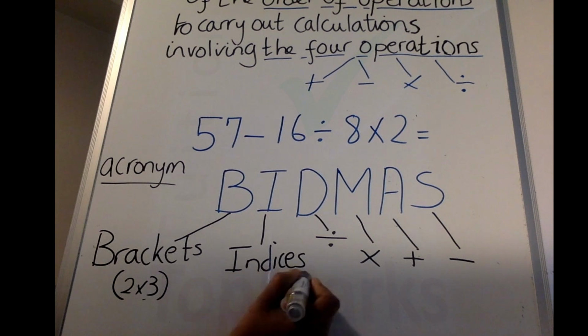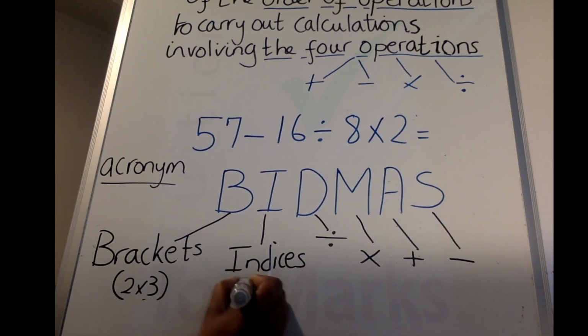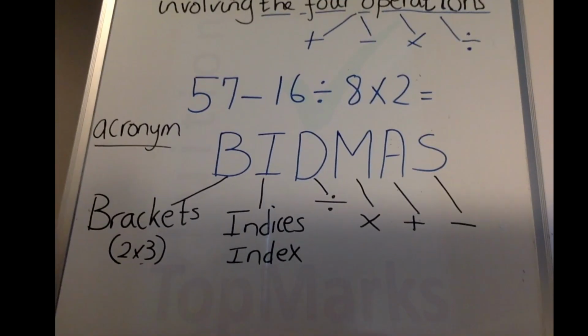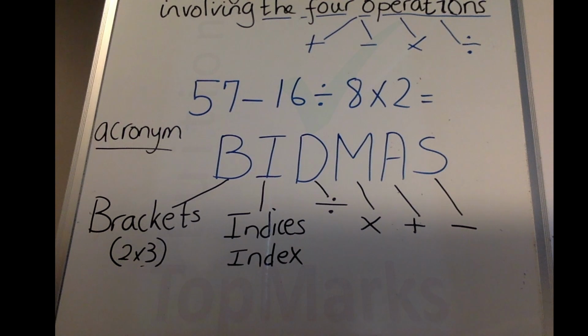Indices is actually a plural word for the word index. And an index number looks like this. 3 squared. I know you are familiar with that number. 3 squared, or 3 to the power of 2.